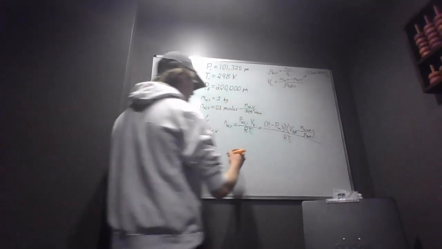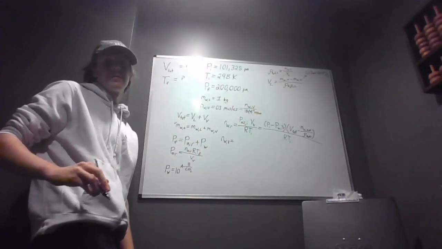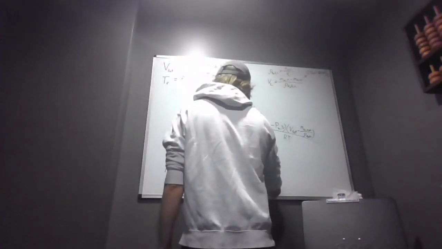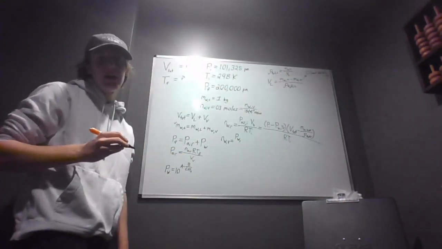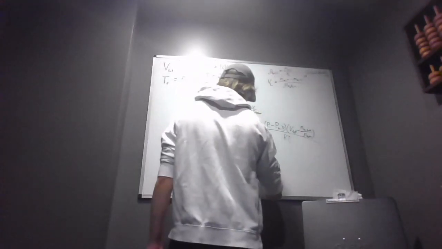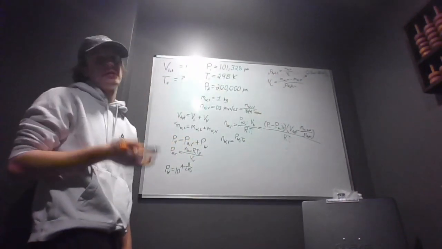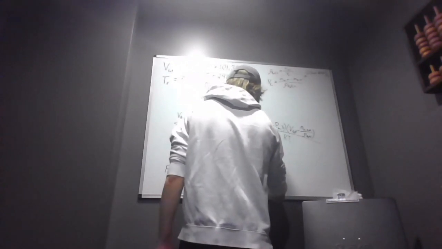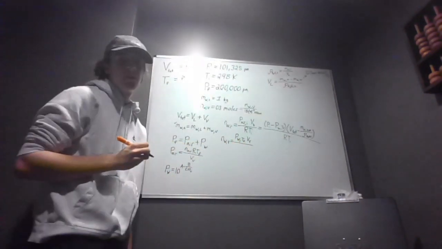So finally, moles of water in the vapor phase will equal the pressure of water at the final temperature times the volume in the vapor phase over R times the final temperature.